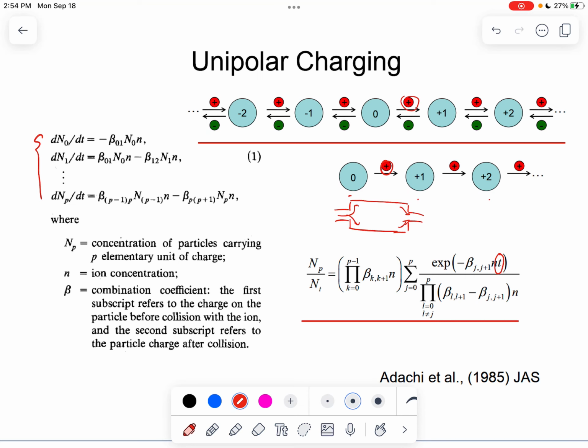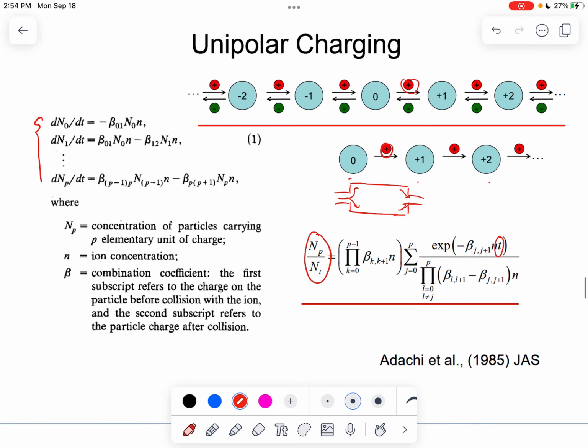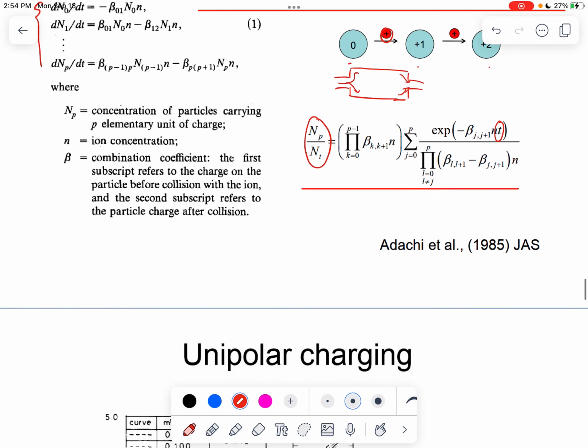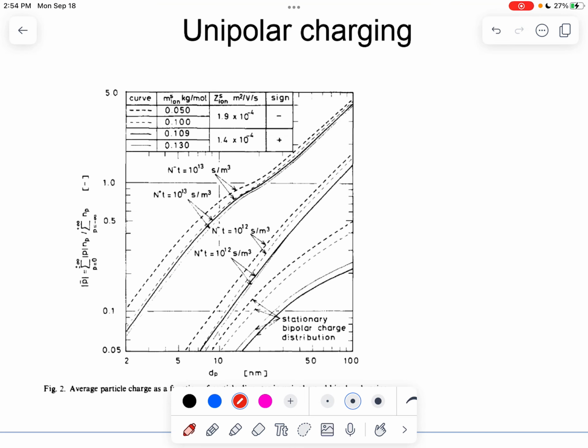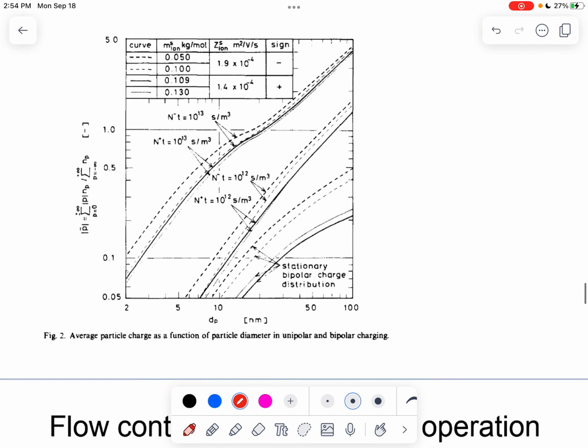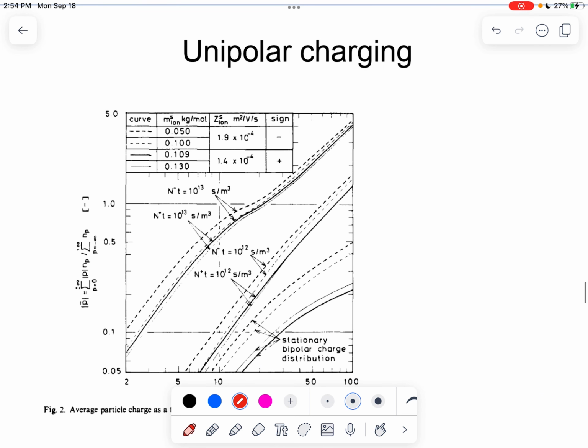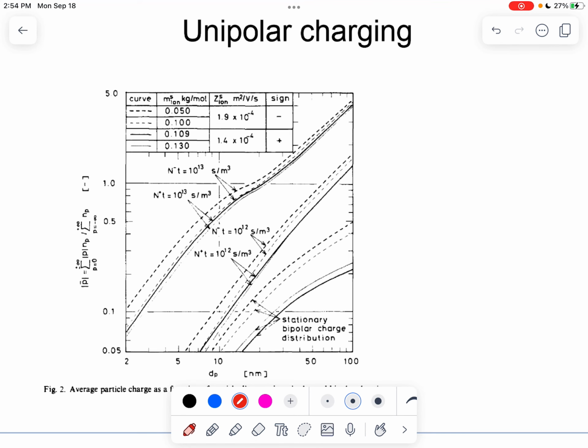So there's going to be particles with different trajectories, and therefore it's kind of difficult to control the charge distribution of a unipolar charger. So that's why people would still use the bipolar charger to give the particles a known charge distribution.